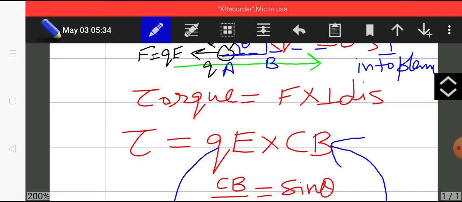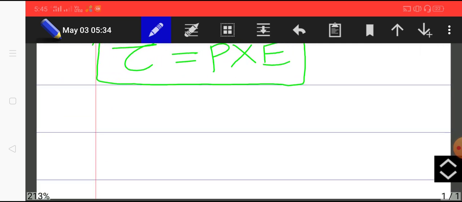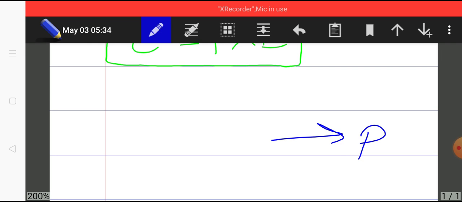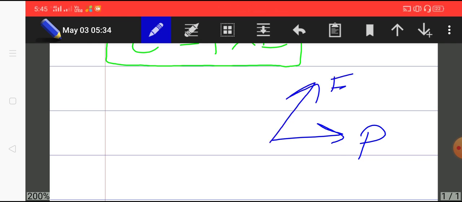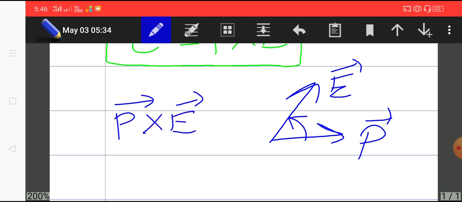And similarly, if you have an arrangement like this, where this is the direction of p and this is the direction of E, suppose in some case, and you want to find the direction of p cross E. Now as you move from p to E, for finding the direction of p cross E, you are moving in an anti-clockwise manner.